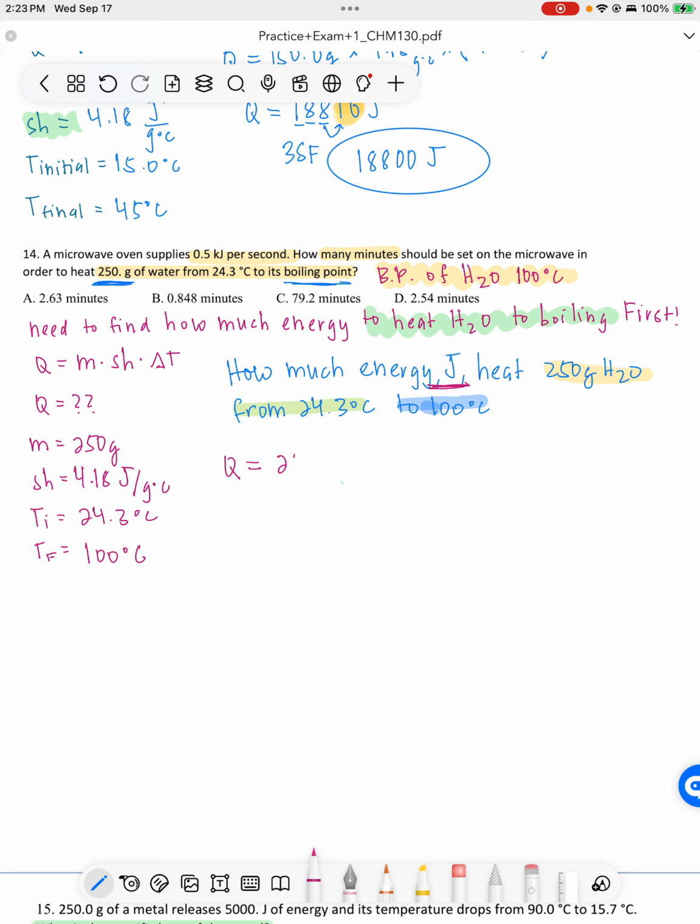We have a mass of 250 grams times 4.18 joules per gram degree Celsius. And I'm going to do it the same way I did before, final minus initial. I'm going to do this separately on the calculator, because that's just how my brain works.